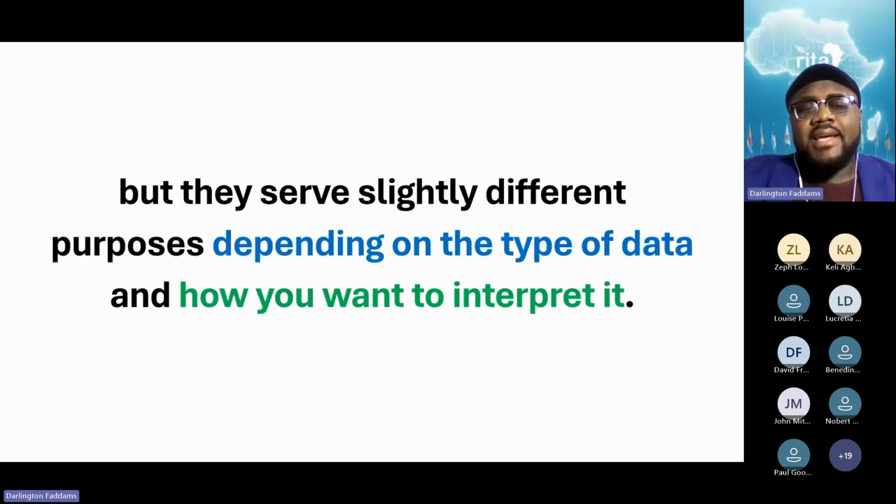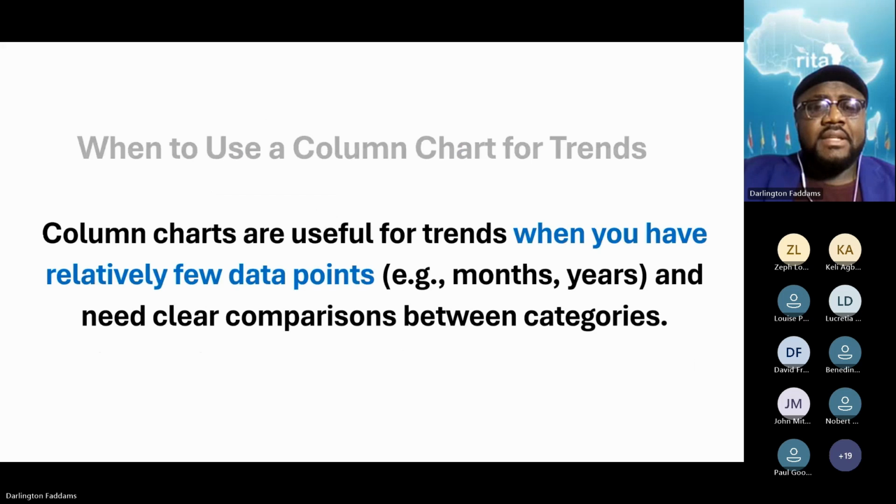And so the main point here in deciding when to use a column chart for trends is when there are relatively few data points, especially months. You may be analyzing just 6 months or 5 months or 4 months or a few months, or at most all the months.